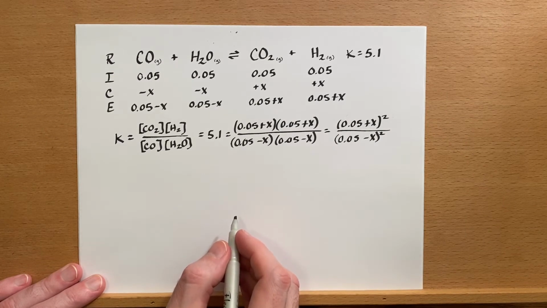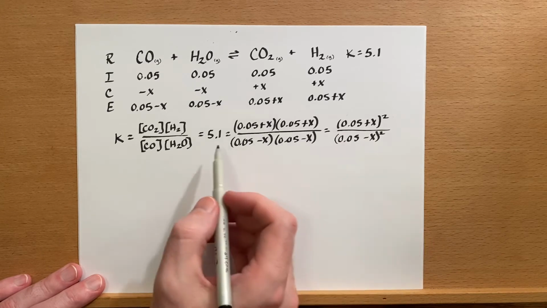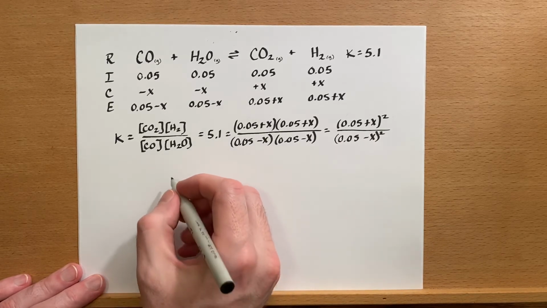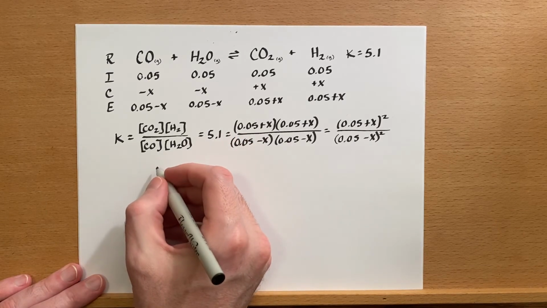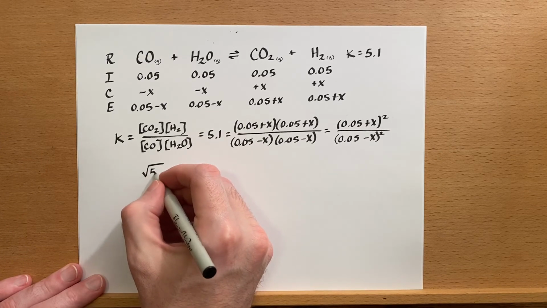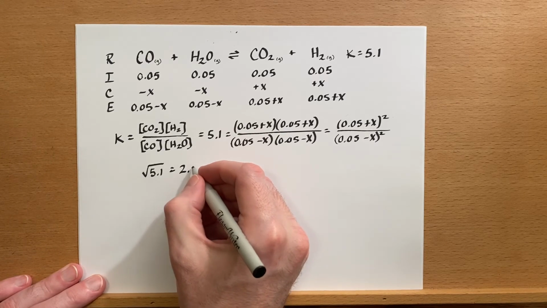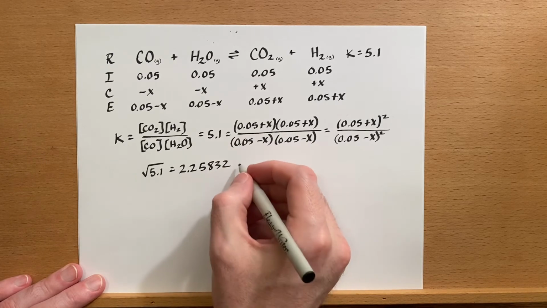So now that we have that, we can take the square root of this and the square root of our K and simplify our equation down a little bit. So square root of 5.1, I'll just write that here so we remember what we're doing, equals 2.25832.